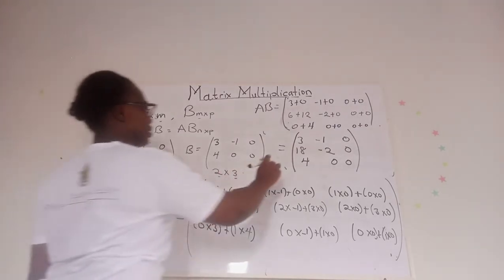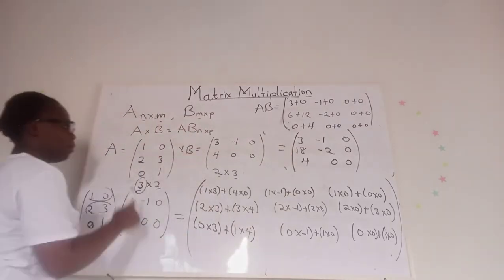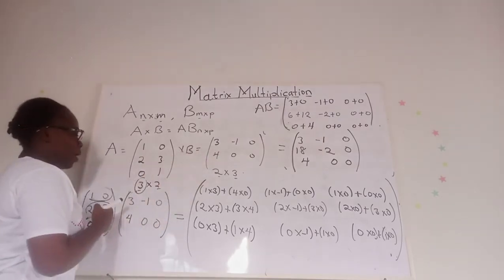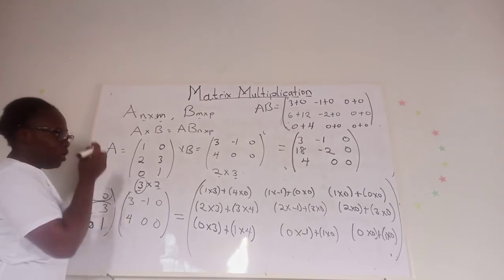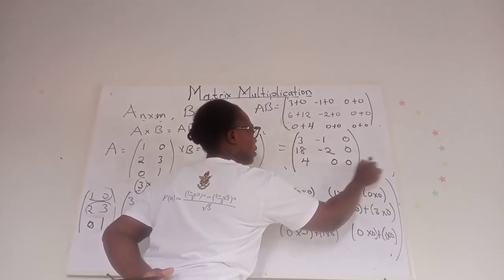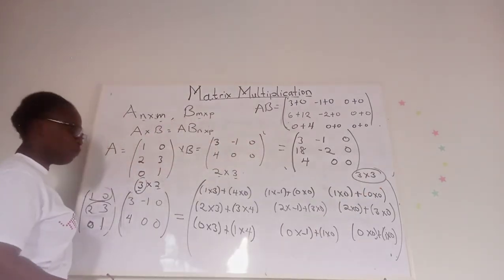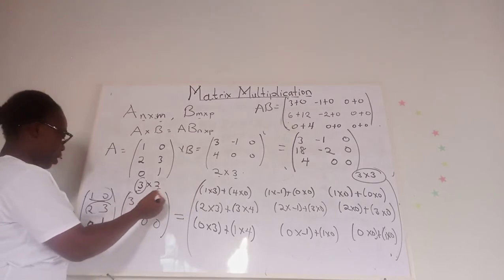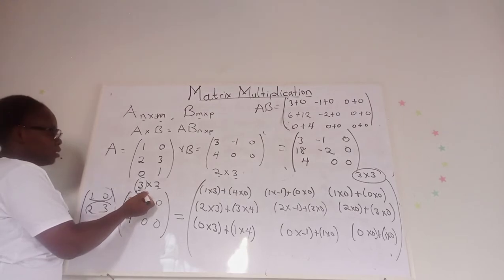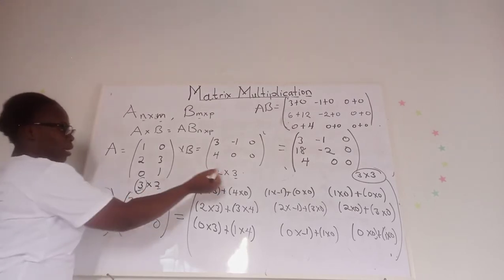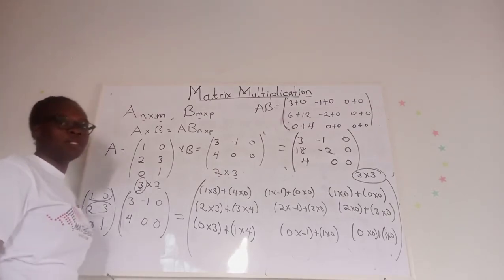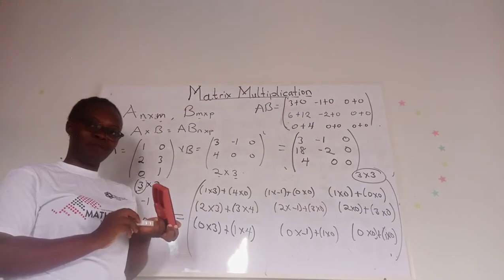So this is our result if we multiply A times B. The order of the product of the two matrices is 3 by 3. So the number of rows and the number of columns becomes the order of the matrix.